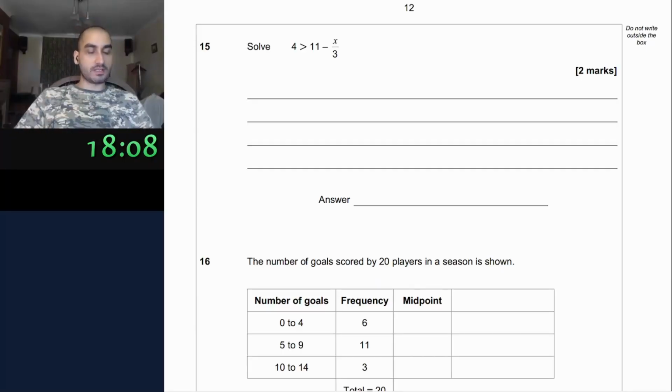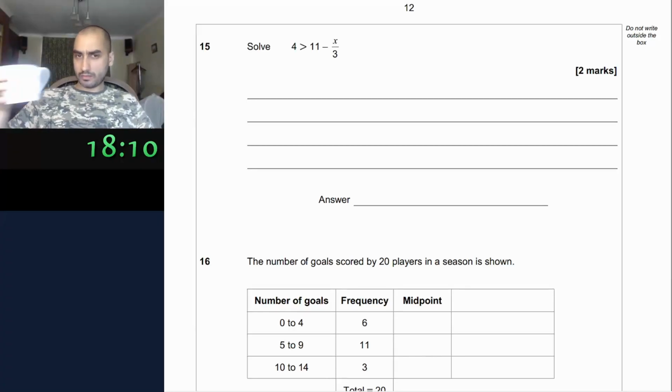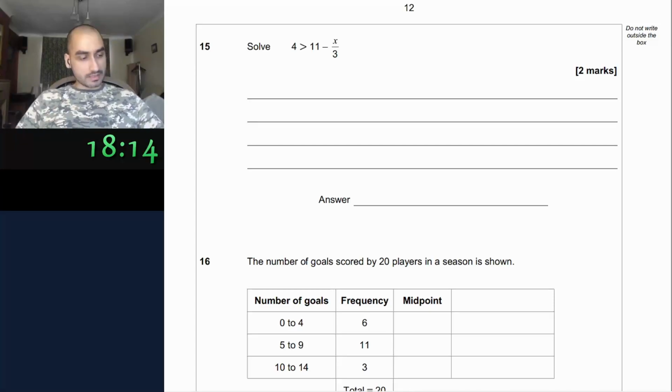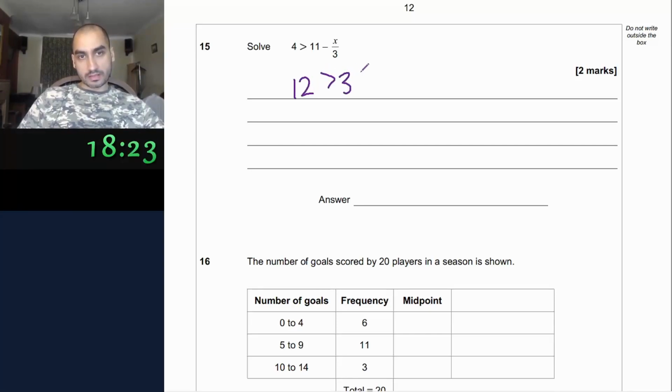Solve 4 is greater than 11 minus x over 3. Solving inequalities, gotta be careful here. We're allowed to multiply by 3, so we can say 12 is greater than 33 minus x. That's allowed.